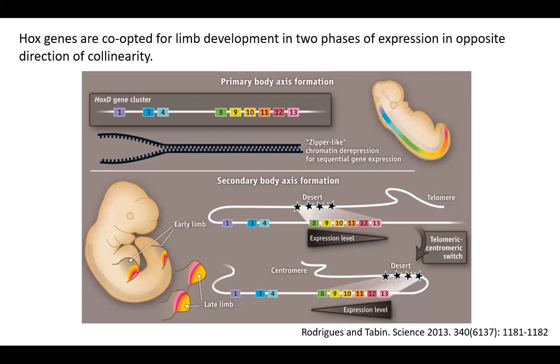You have the later Hox genes increase expression and the earlier Hox genes get suppressed. These two different waves of expression have been studied, and they know that they're regulated by different regulatory elements on either side of the cluster. So the early Hox genes are regulated by the 5' side of the cluster, and then the later Hox genes are regulated by the centromeric side of the cluster.